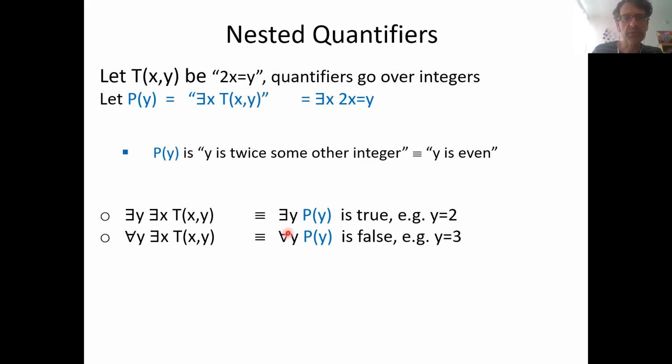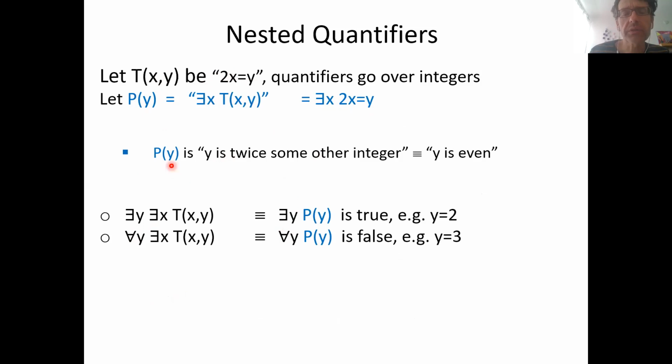Let's come back to this nested quantifier example. We have the statement that y is a double of x, and the statement p of y meant that y is a double of something, right? There exists an x such that when I double it, I get y.